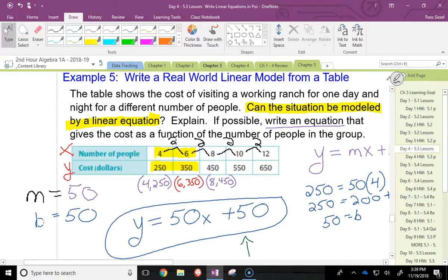So, to go to the ranch, they say, hey, your admission fee is $50. You have to pay that, and then every other person in your group is charged $50. So it doesn't matter if I bring 10 people, our admission fee was still $50, and then everyone else pays $50 for like supplies or whatever it is. Okay? So our equation was y equals 50x plus 50.